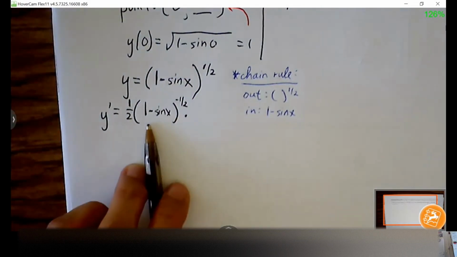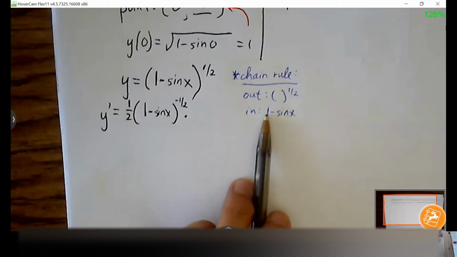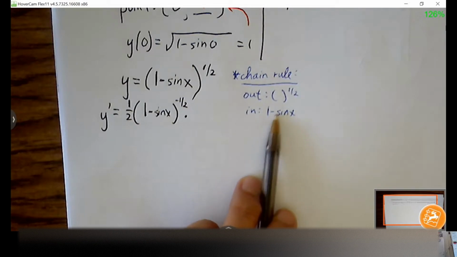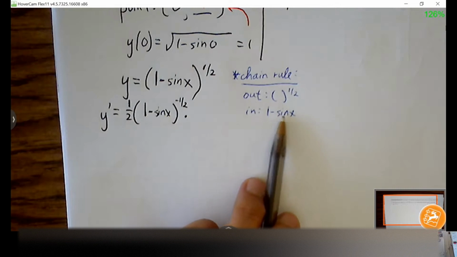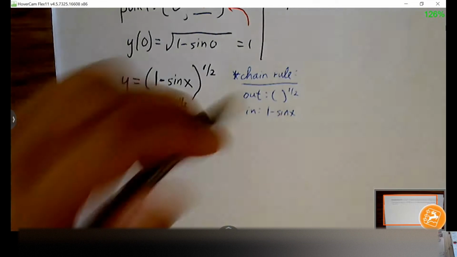So once we take care of the outside function's derivative, then we can focus in on the inside. 1's derivative is 0. The negative sine of x becomes negative cosine. The sign doesn't change. I mean, sine just becomes a positive cosine, but the negative is going to stay with it.